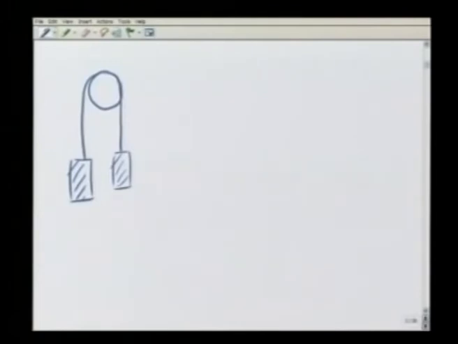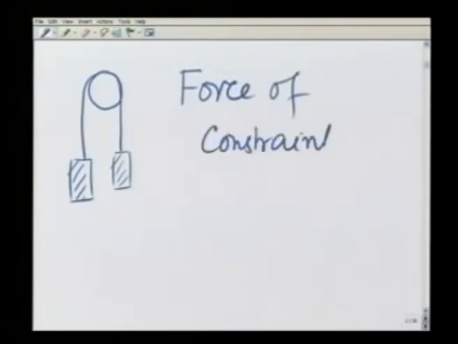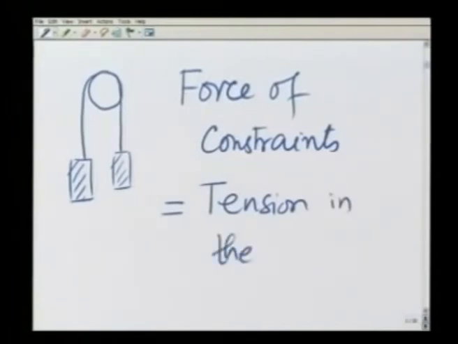What is the force of constraint here? The force of constraint that really makes the masses move together is nothing but the tension in the rope. So tension in the rope is the one that keeps these masses together.